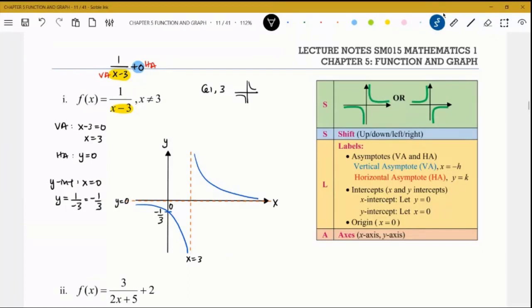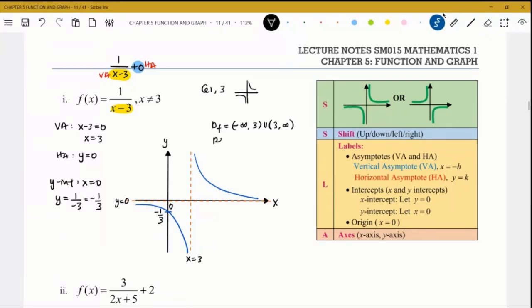Okay, so based on this, our domain: if we bring the ruler or pencil from left to right, from the left it will stop at 3, because here there can't be any graph passing through x equal to 3. It means negative infinity towards 3, open bracket, union, and then continuing after 3, 3 towards positive infinity.